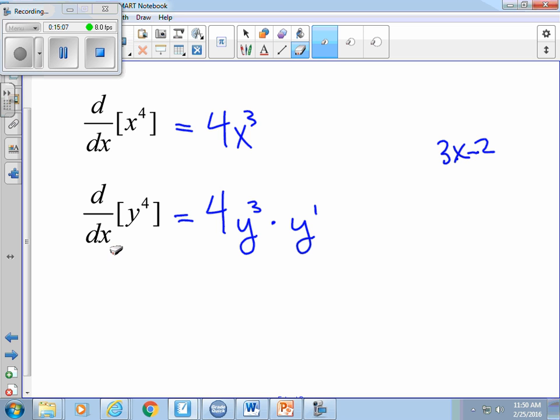I can move the 4 to the front. Leave the inside alone to the 3rd power times the derivative of the inside. Okay. I better erase that 3x minus 2. That will confuse someone on notes.